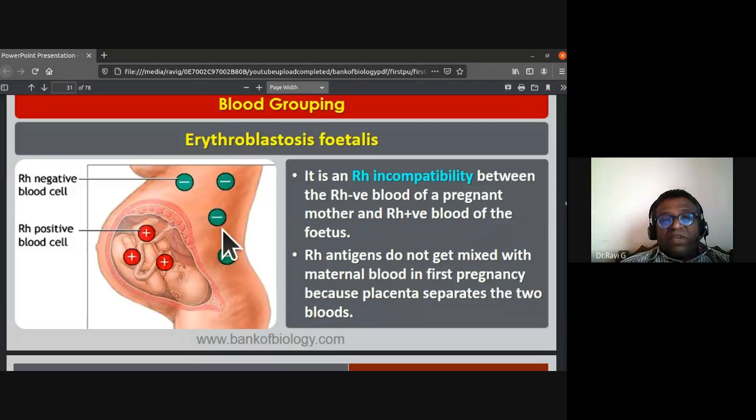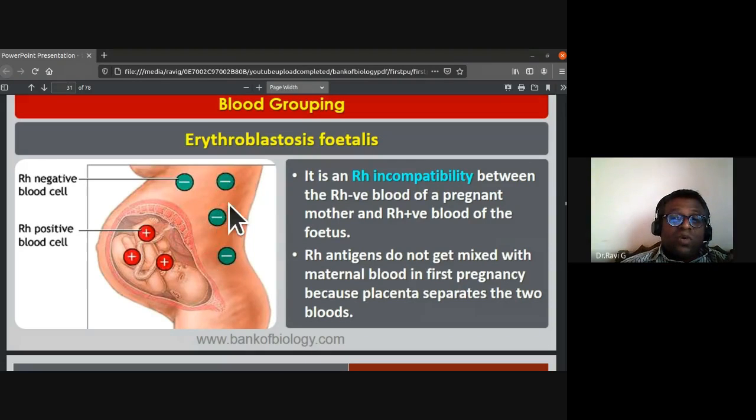So in the first pregnancy, the mother is having negative blood group, and she has got married to a positive blood group man, and they would be having a baby which would obviously have positive blood group. In the first pregnancy, there is no mixing up of blood. The placenta and other connections are there, there is no mixing up of blood, and in the first pregnancy there wouldn't be any complications.